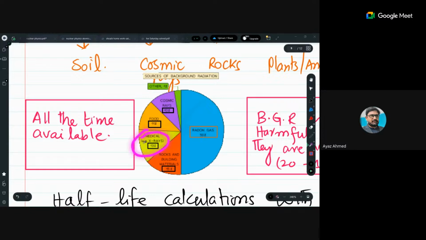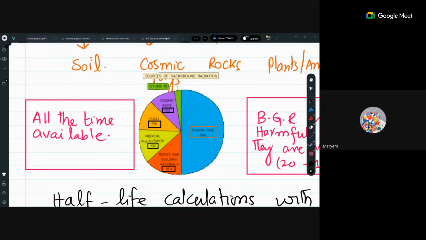Then you have some medical installations, like an X-ray machine installed somewhere, a CT scan being done, or a nuclear factory nearby, etc. Then we have some food. You people will not believe it, food is also causing some sort of background radiations.